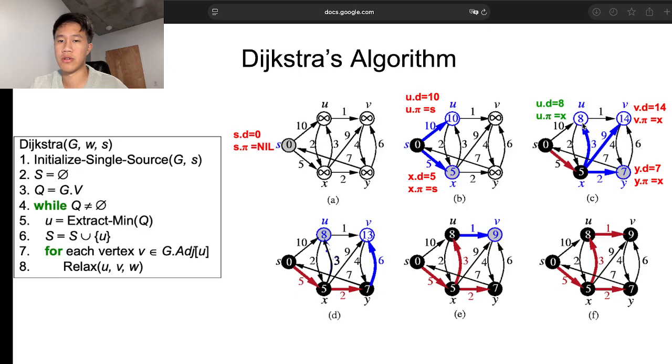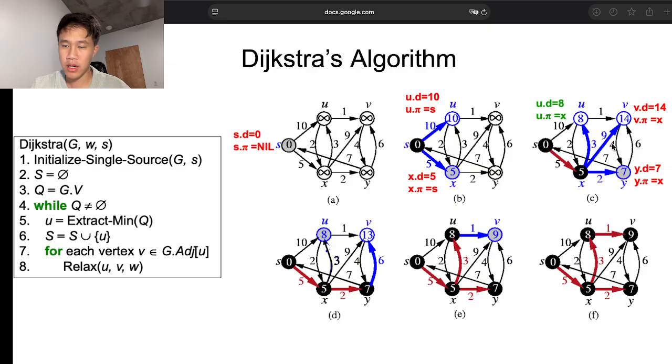The final answer is that we're going to take the value of 8, since at the end of the day, we are finding the shortest path. So we're going to keep the smaller value of 8 and discard the larger one. So the value of U becomes 8. And this technique is called relaxation, as shown on line 8 of the pseudocode, relax U, V, and W.